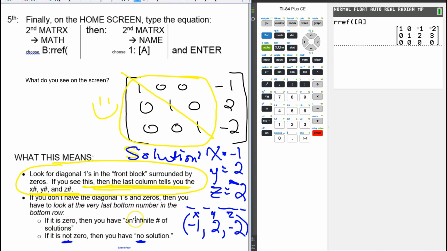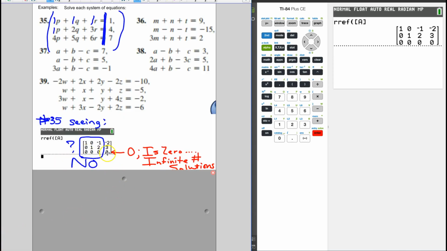Is 0 will mean an infinite number of solutions. Not 0 will mean no solution. So I'm going to the very bottom row, the very last number. It is a 0. Is 0 means infinite number of solutions. So 35, you've got an infinite number of solutions.